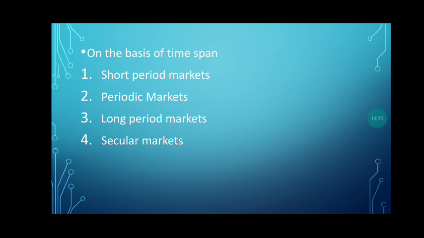So secular markets are those markets which are permanent in nature and which continue for many years. So it was the classification of market on the basis of time span.